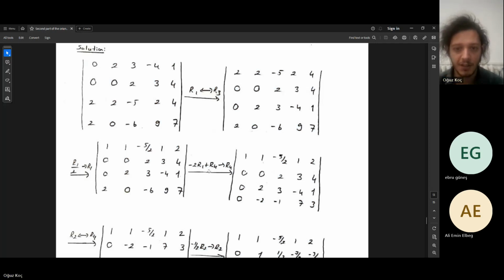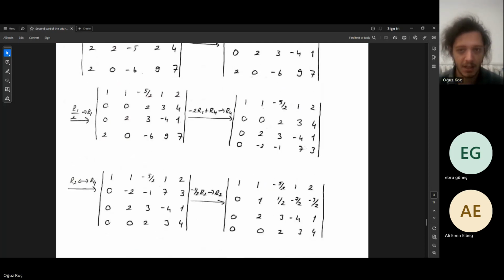Therefore, we multiply the first row by the -2, and then sum with the fourth row, and then write it to the fourth row here, and finally, we make this 2 value 0. Therefore, we create a first leading value as 1, and then we need to pass to the second place.